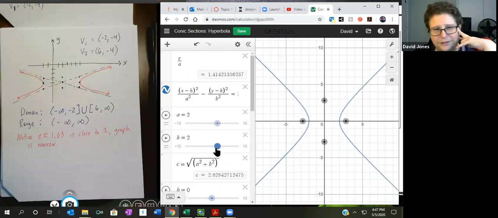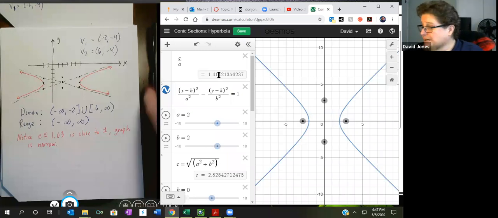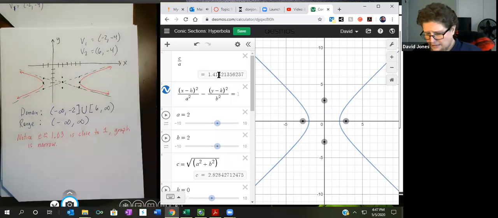A and B are the same. So like neutral ground is when A and B are the same. It's about 1.414. What is that, the square root of 2? It is. So when E is the square root of 2, it's pretty balanced.